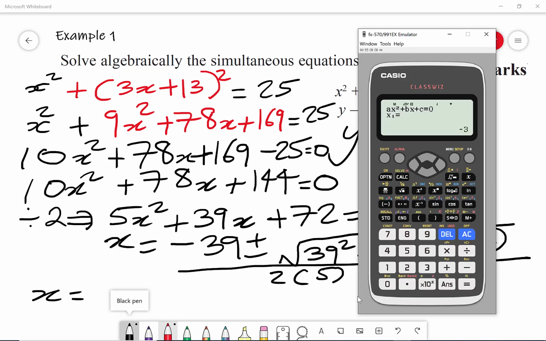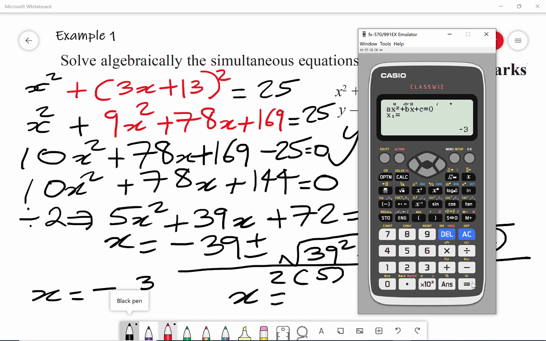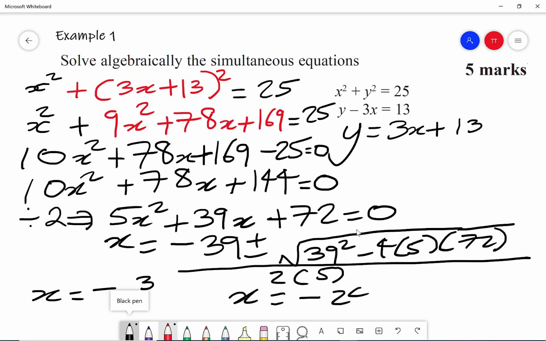So that will give me x is minus 3, and the other value of x we can get from our calculator, which is minus 24 over 5.